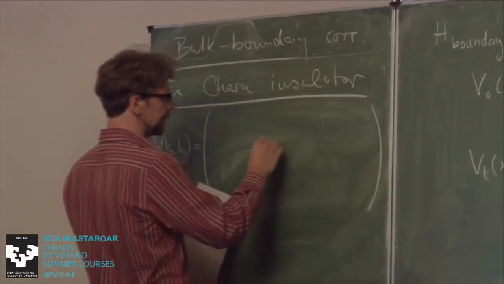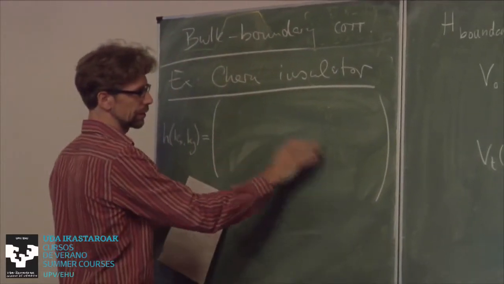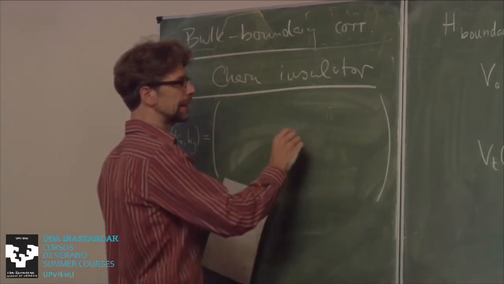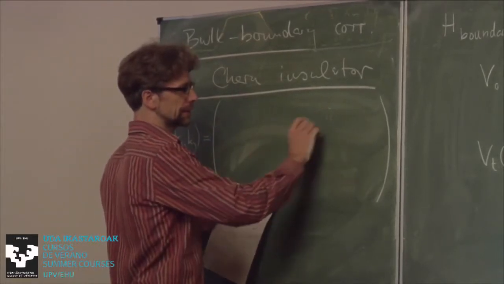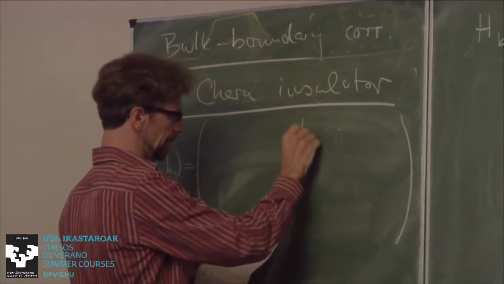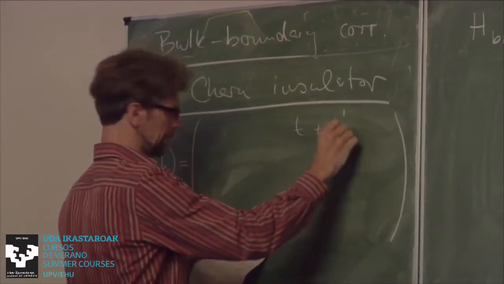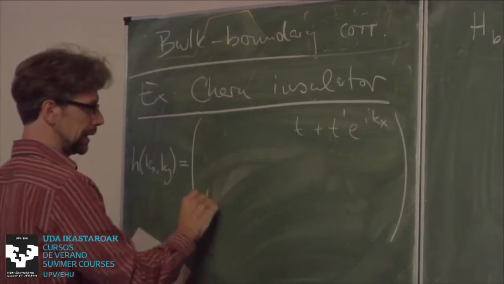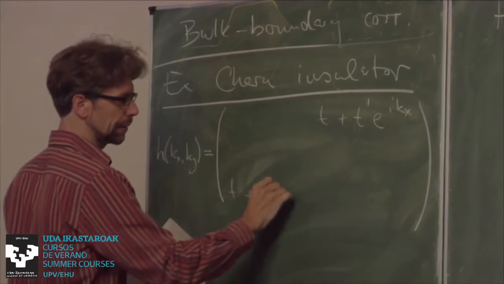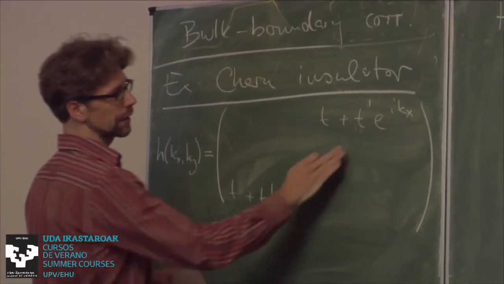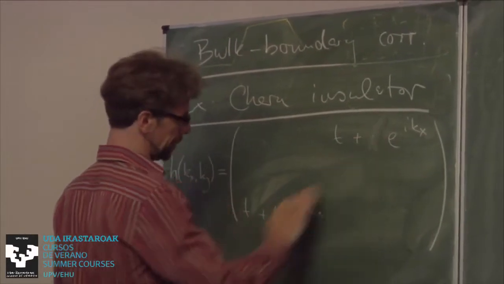And you remember there was 0 on the diagonal, and then there was a term on the off-diagonal, which was t plus t prime times e to the i kx. And then there was t plus t prime times e to the minus i kx. That was the Su-Schrieffer-Heeger model. Now, first of all, for convenience, I'll just set this t prime equal to 1.